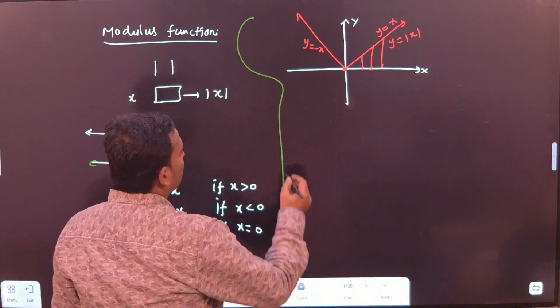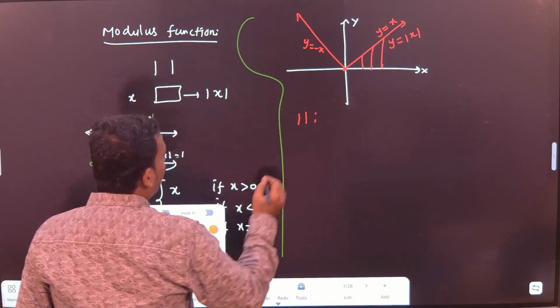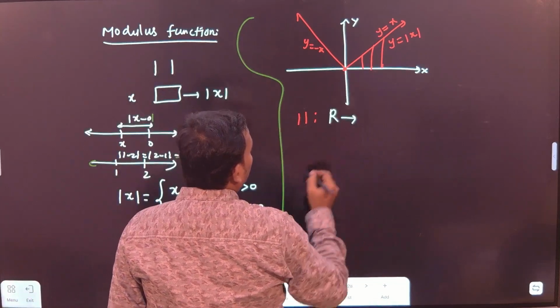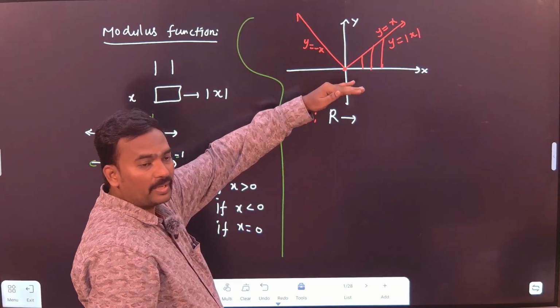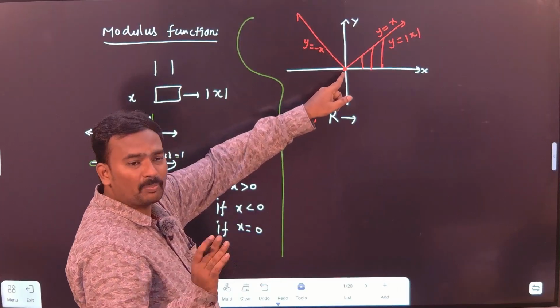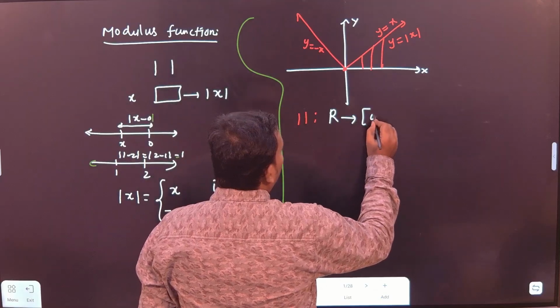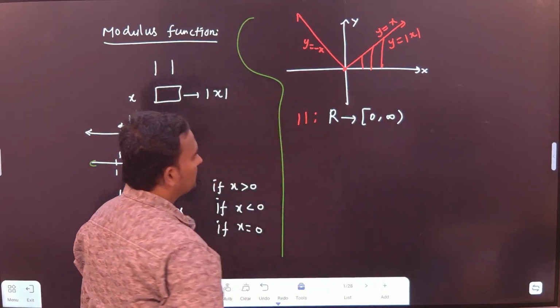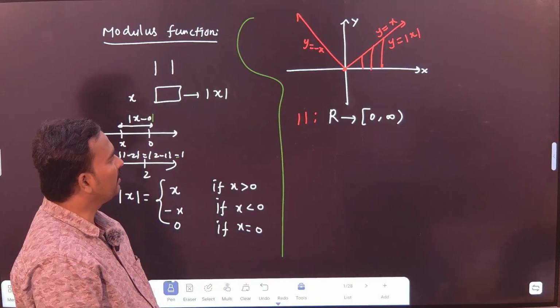The output y value is always a non-negative number, from 0 to infinity, right? So mod is a function from real numbers to 0 to infinity.